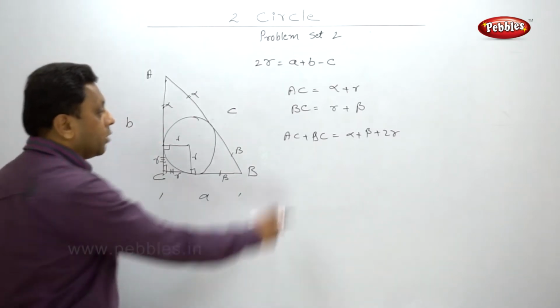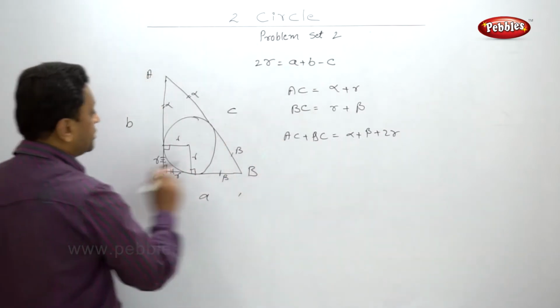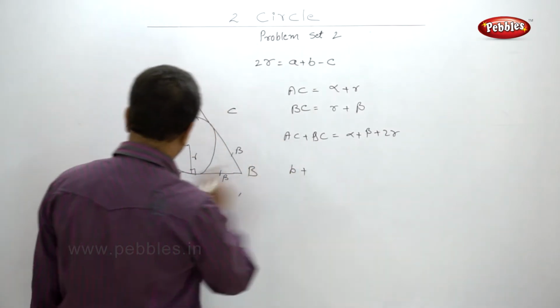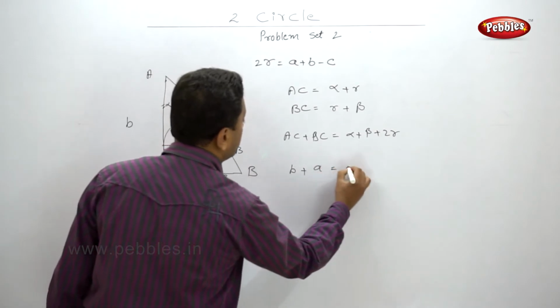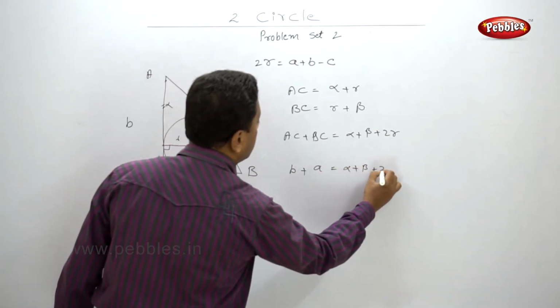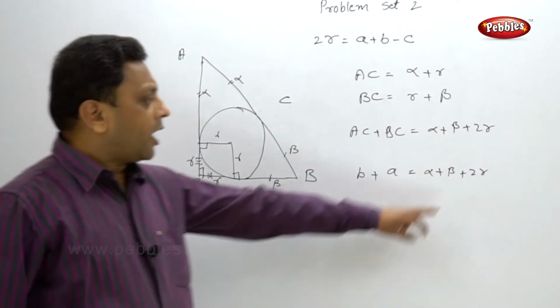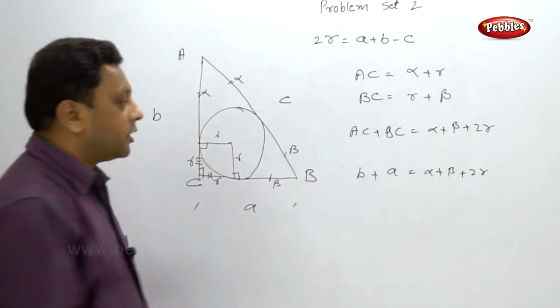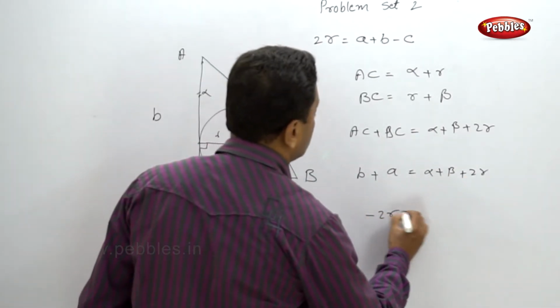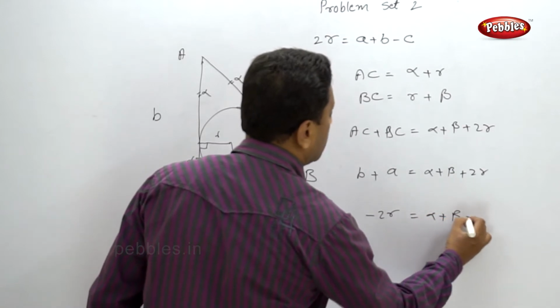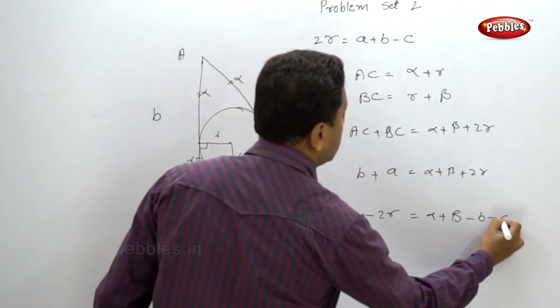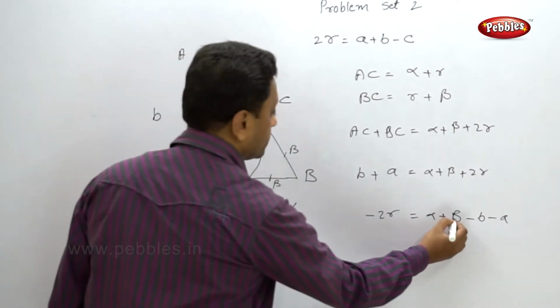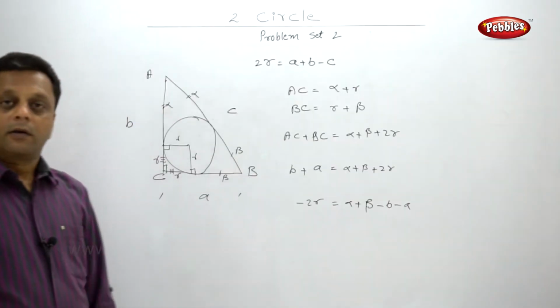Okay. Now what is AC and BC? AC is given as B and BC is given as A, so A plus B is equal to alpha plus beta plus 2R. So I want 2R on the left hand side. That will become minus 2R is equal to alpha plus beta minus B minus A. Correct?